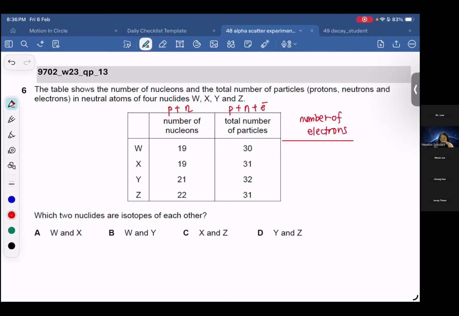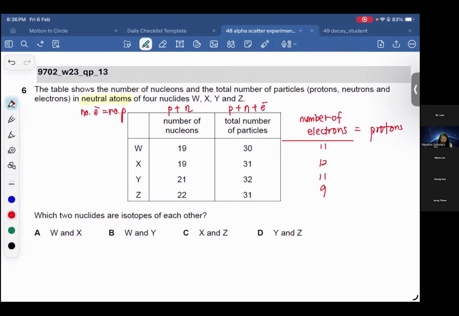Okay, so here, if you find the electrons, they should be 11, 12, 11, and 9. Okay, teacher, this is electrons. I still don't know about the protons. Yes, you can know, dear. Why? Highlight neutral atom. Neutral atom means number of electrons equals number of protons. So here, this is also equal to the protons.